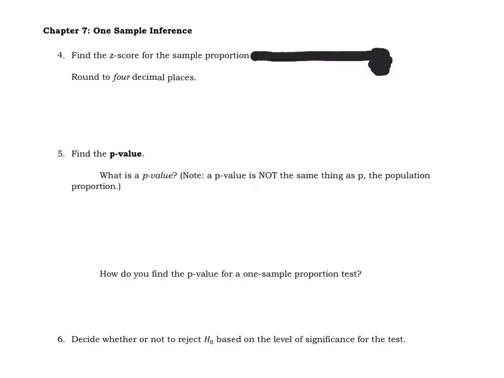So if you look at the results after we ran that test, you will see a z-value reported there, and that z-value is negative 1.7804 when we round to 4 decimal places. For the p-value, again, the p-value is going to be there on your calculator, but we're going to make sure we explain what a p-value is because that is an important concept.